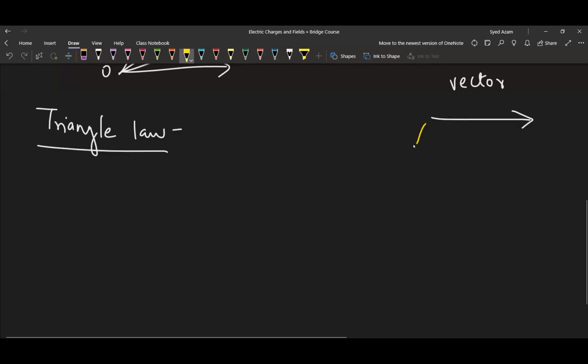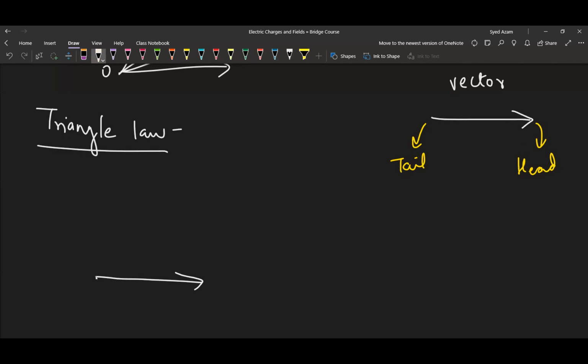This part is the tail of a vector and this part is the head of the vector. So when we say same order, it means tail, head, and then tail, head. This is what we say the vectors are in the same order.